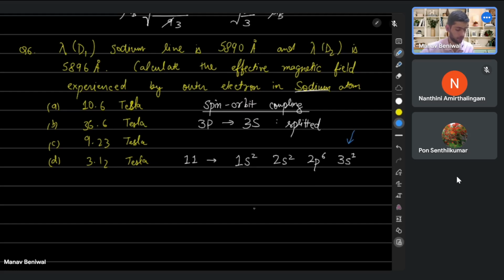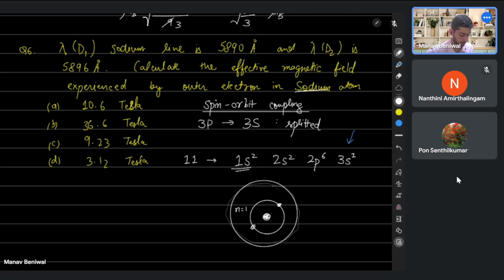Okay, so if you draw circles here, if this is your nucleus, this is your n equals 1, so it will have two electrons, 1s2. Then the outer one will have eight electrons, right? So one, two, three, four, five, six, seven, eight.